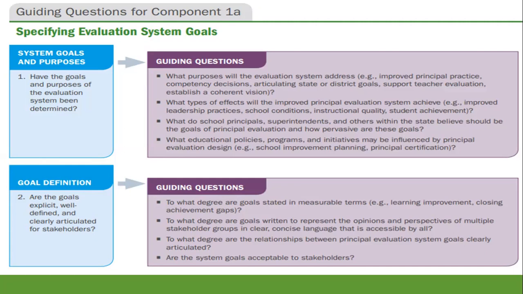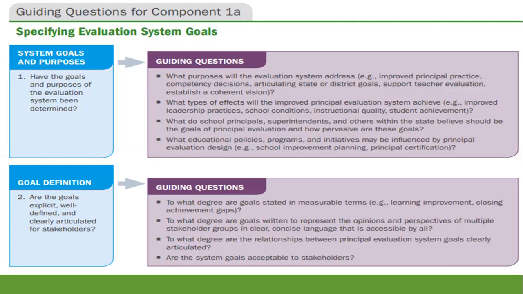Second, goal definition. Are the goals explicit, well defined, and clearly articulated for stakeholders? To know about this, here is another set of four questions that guide towards the availability of explicit, well-defined, and clearly articulated goals for stakeholders.